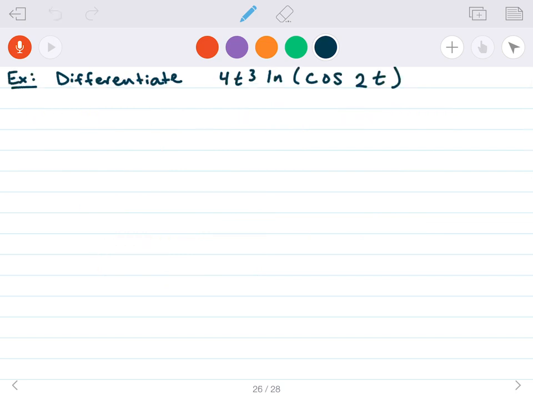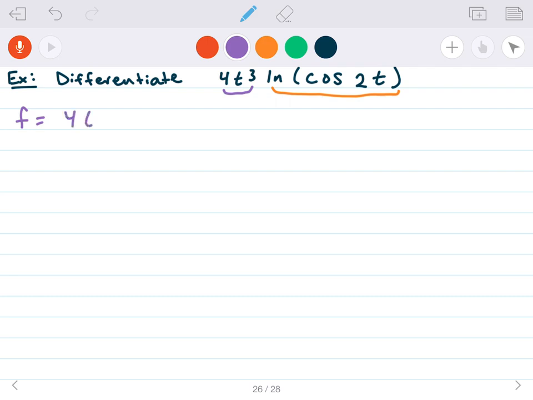All right, we got a mess here. Let's see. I see a lot of things being multiplied, which tells me I'm going to have to use the product rule. So let's separate this into two different functions, f and g. Function 1 looks like that. Function 2 looks like this. So for the product rule, I need f, g, f prime, and g prime.